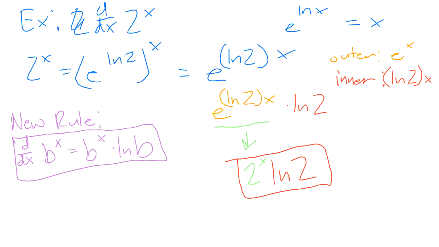Now let's take this a little bit further. Now let's have a function where we can let y be a function of u, and u is going to be a function of x.